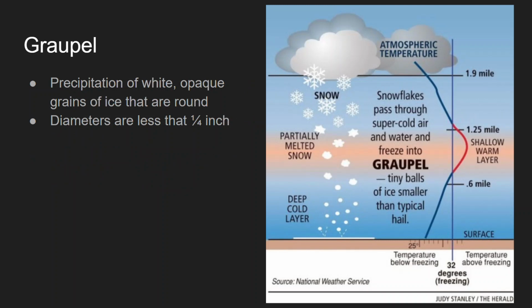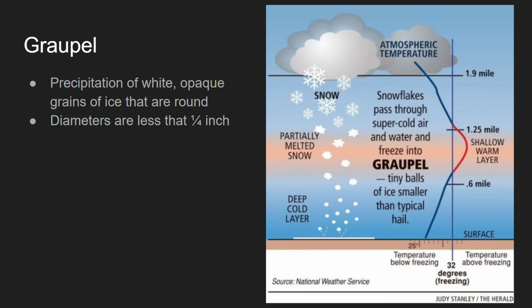Now, graupel. This is a very unused term generally in normal life, but it's precipitation of white, opaque grains of ice that are round, with diameters less than 1/4 of an inch. So basically, this is either like semi-snow or just smaller hail. In the description here, we can see snowflakes pass through super cold air and water and freeze into graupel, tiny balls of ice smaller than typical hail.